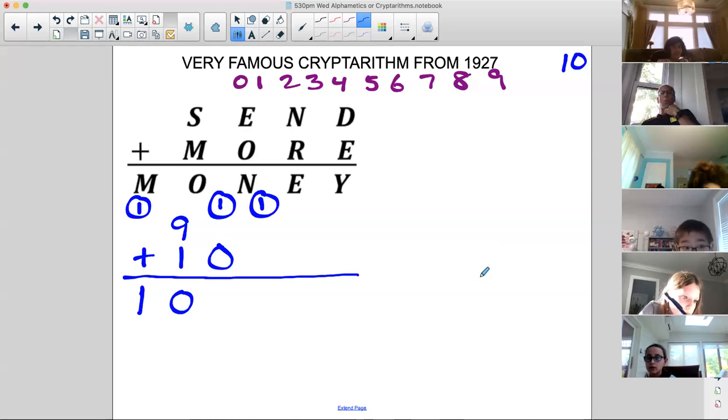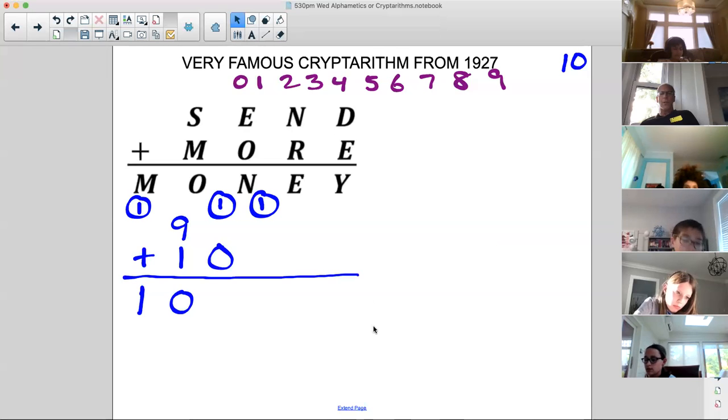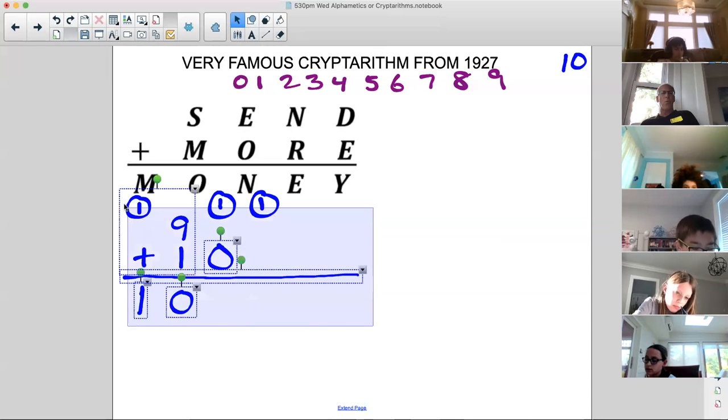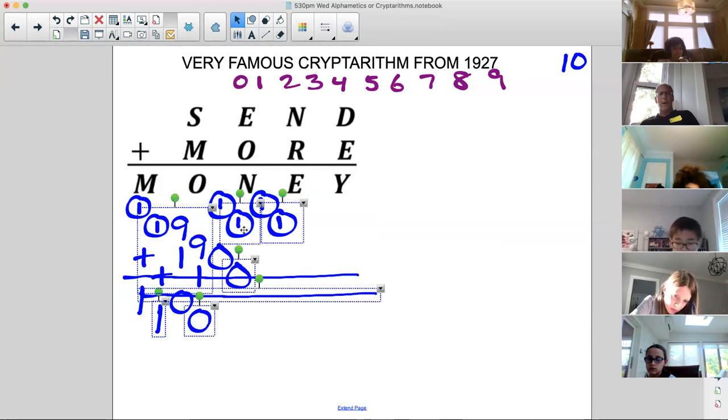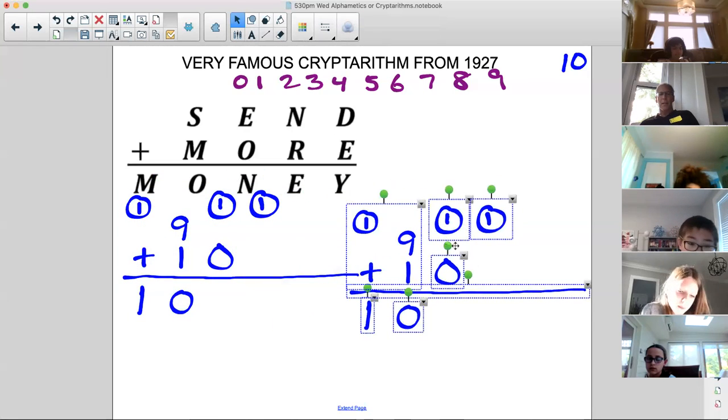So guys, what number are you going to test? Because right now, I think I'm ready to start testing some numbers. And I don't know which letter you think is the most beneficial one to test.